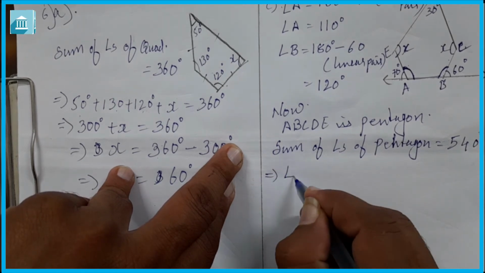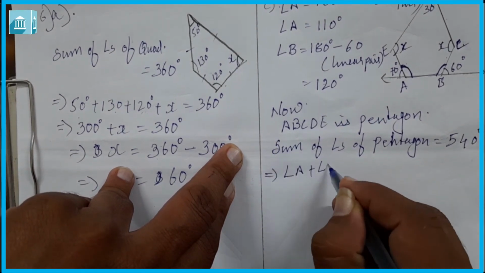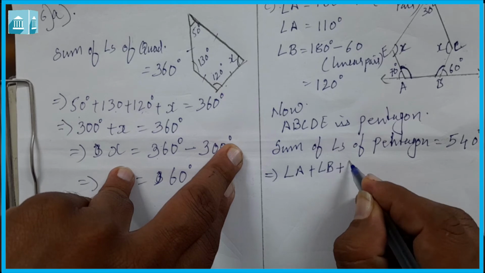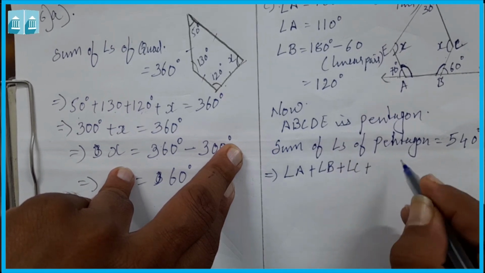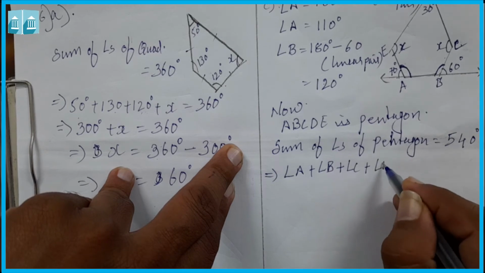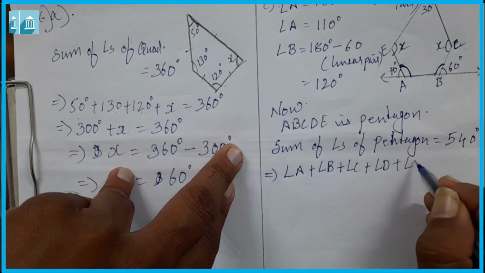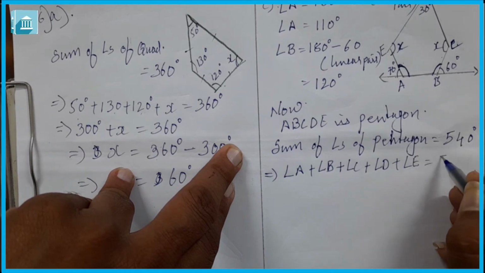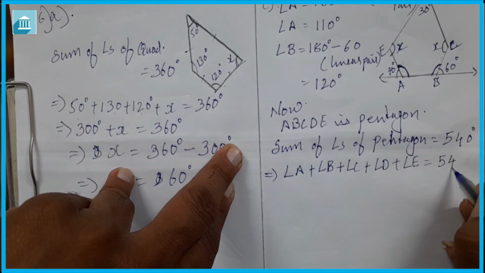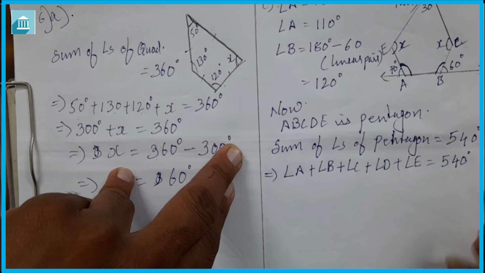It means that angle A plus angle B plus angle C plus angle D plus angle E is equal to 540 degrees.